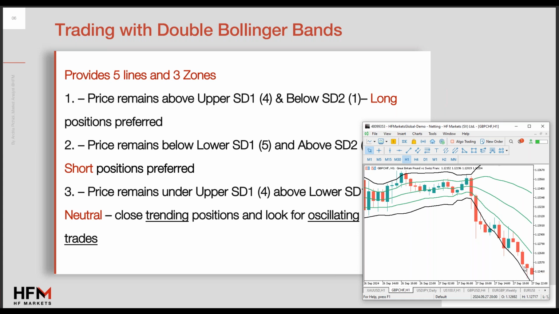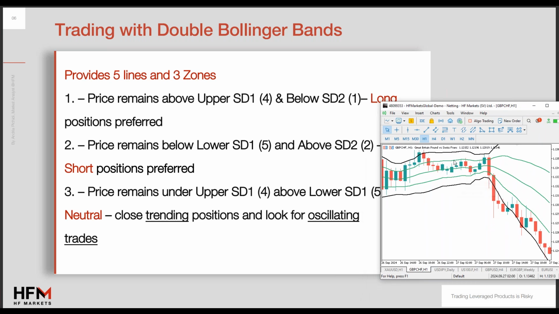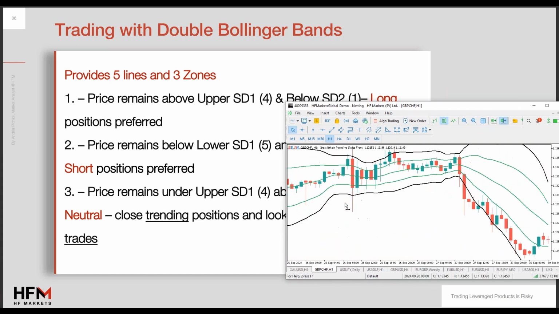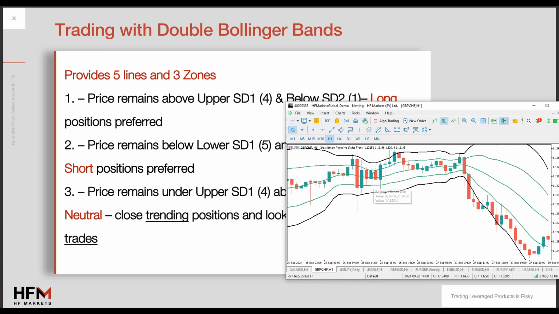Now, if the price remains under the upper standard deviation, one standard deviation, okay, and above the lower standard deviation, so within the second Bollinger Band, that's neutral, that's consolidation. Have you seen that? And this is actually here as well. If the price is within the one standard deviation that we used, that suggests a neutral outlook, sideways outlook, consolidation, ranging market.